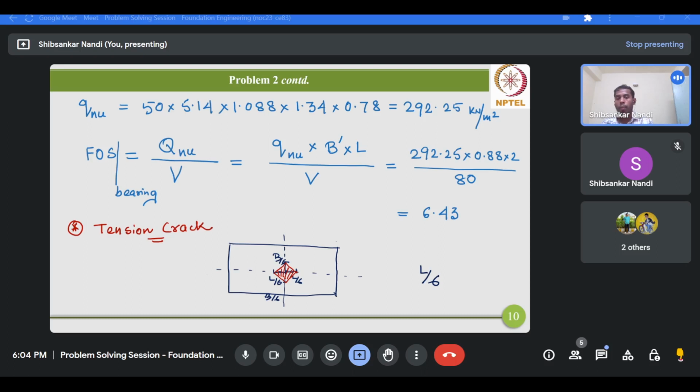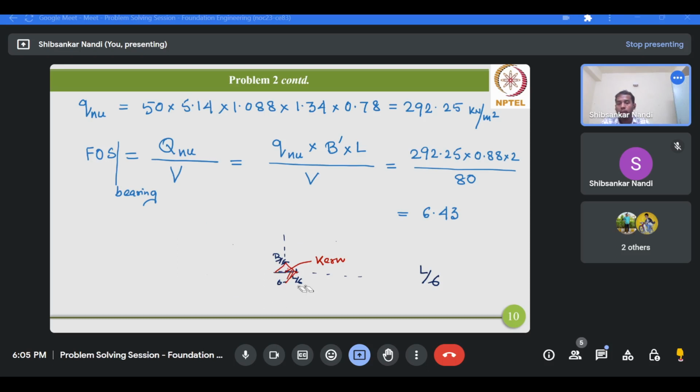Otherwise, you will have tension at the footing base. This area is known as the Kern. This is from the fundamental solid mechanics concept. So this is all about the maximum permissible eccentricity to avoid any tension at the footing base.